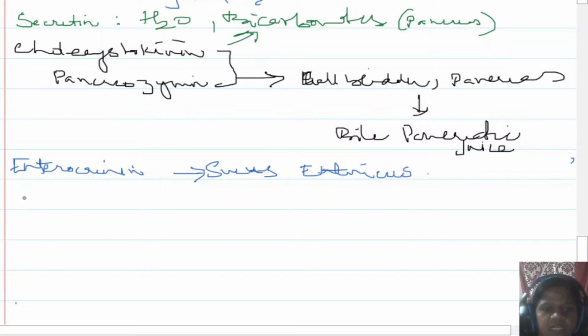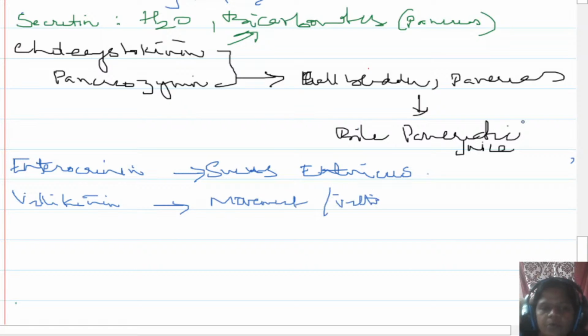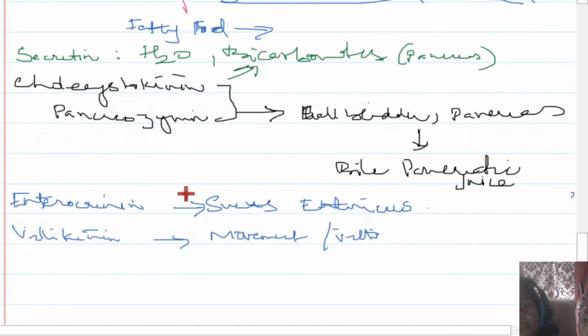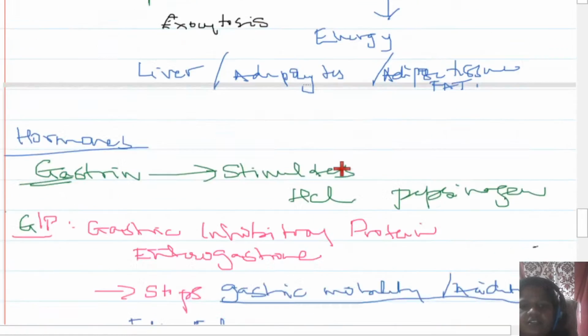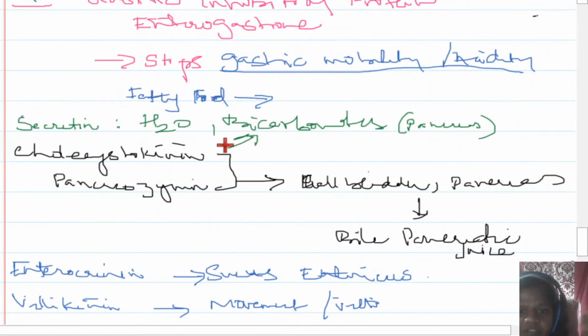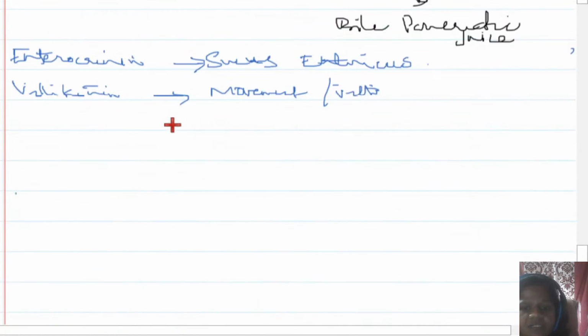And there's also villikinin. This increases the movement of villi. These are the hormones that help in the stimulation or the production of different enzymes or different things from different parts. They're mostly produced from the duodenum, but one is produced from the stomach, that is gastrin.